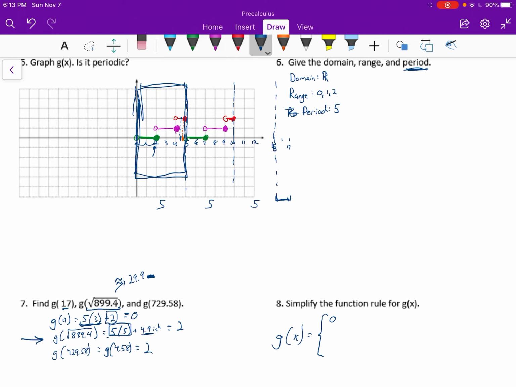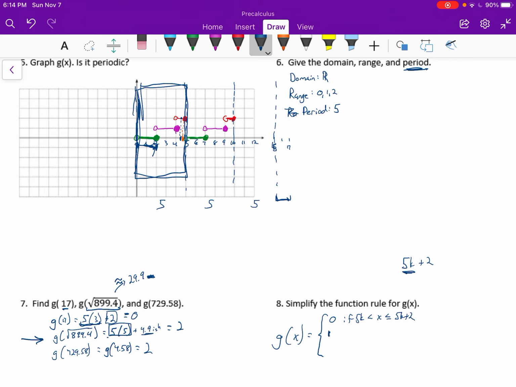And our period is 5, so we're going to think 5k is less than x, which is less than or equal to, and we are looking at from 0 to 2, so how do we get from 0 to 2? We add 2. So 2 away from 5k, we do 5k plus 2.